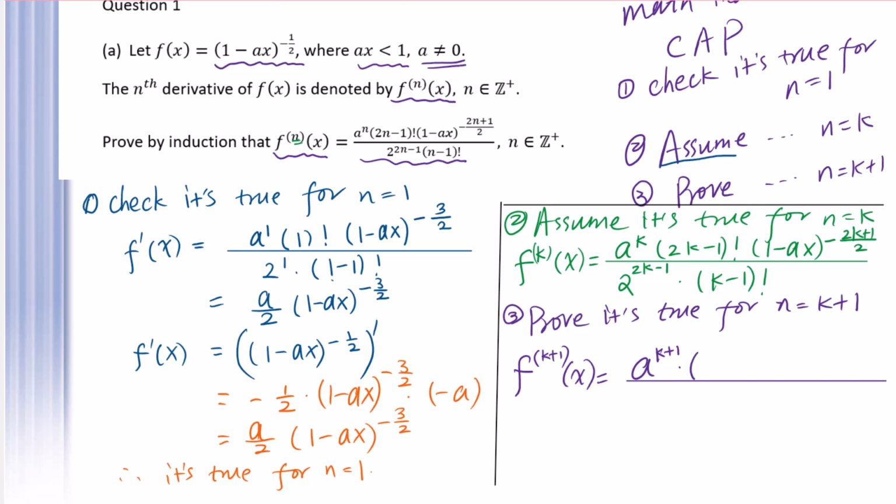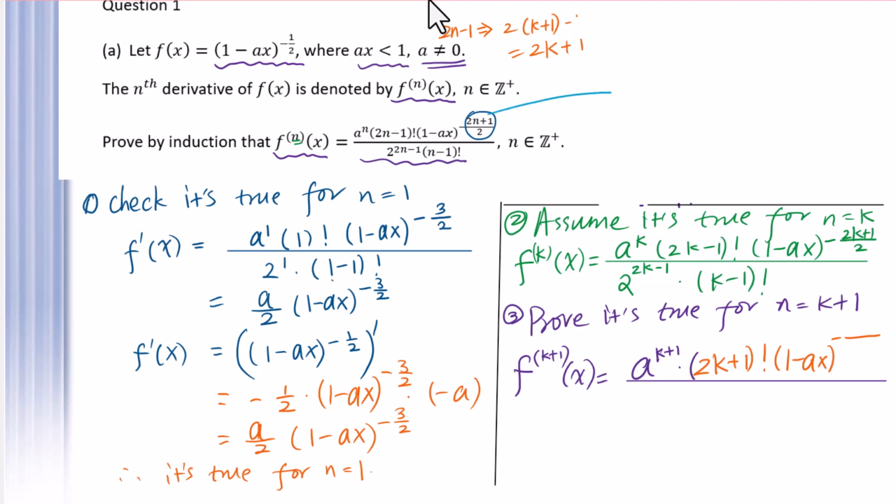Let's work this out. 2n minus 1, change this into 2 times (k plus 1) minus 1, which is 2k plus 1. (2k plus 1) factorial times (1 minus ax) to the power of negative.